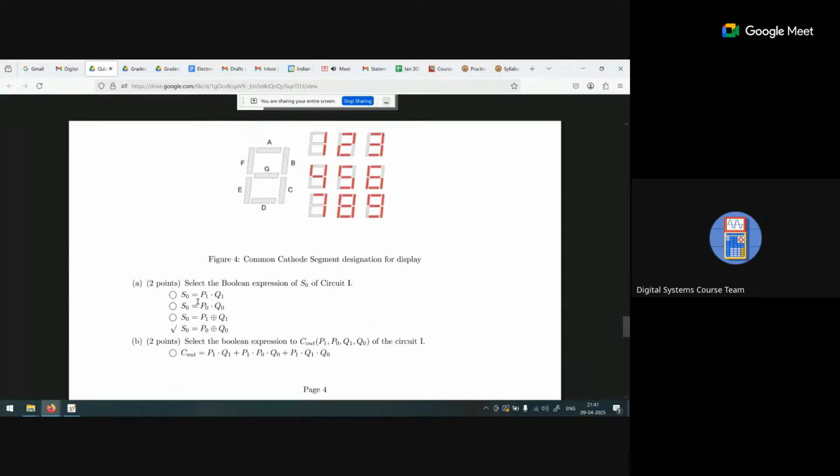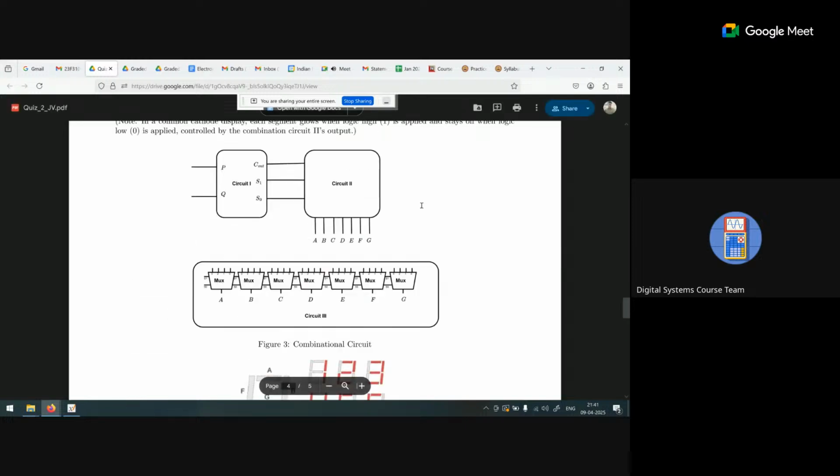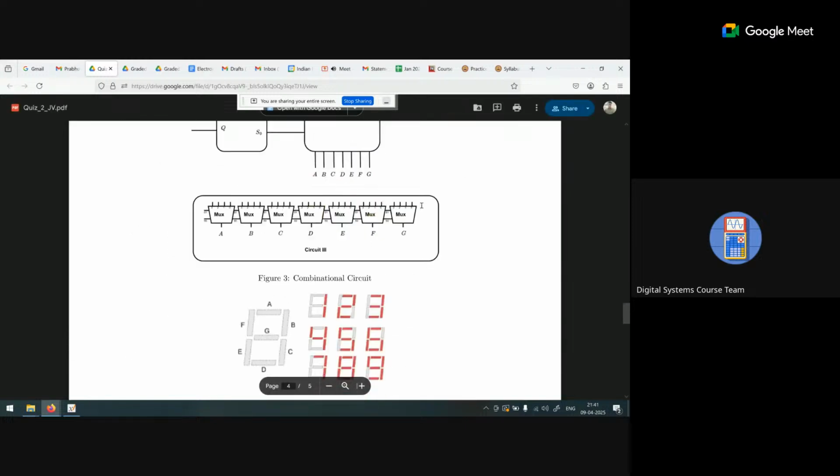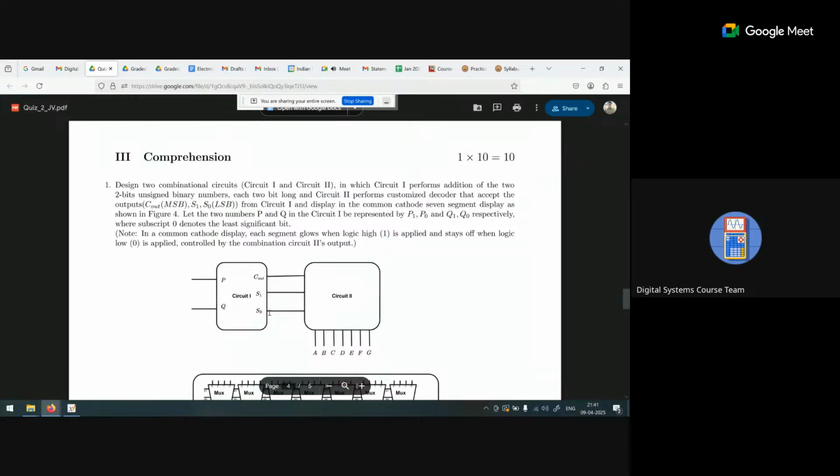Now the question is to select the Boolean expression S naught for circuit one. What is S naught? If we are taking P and Q as single bit data, S is the single bit output, the sum. It depends on P0 and Q0, no?